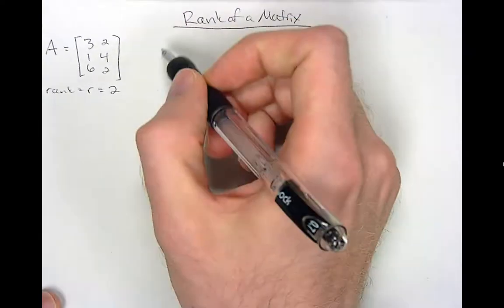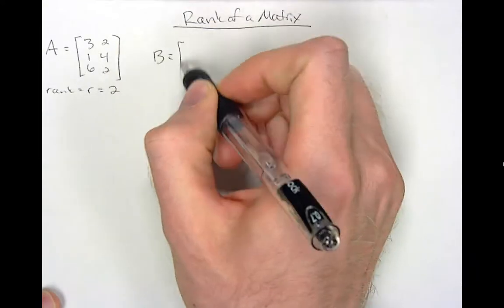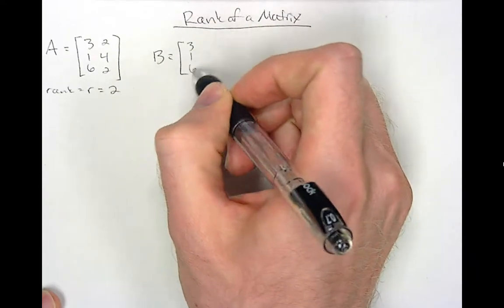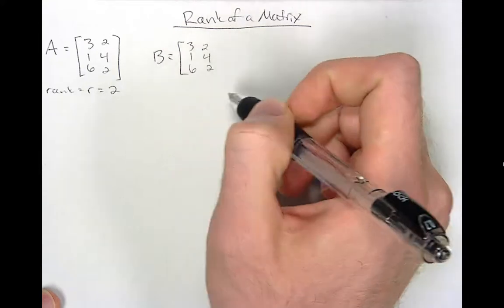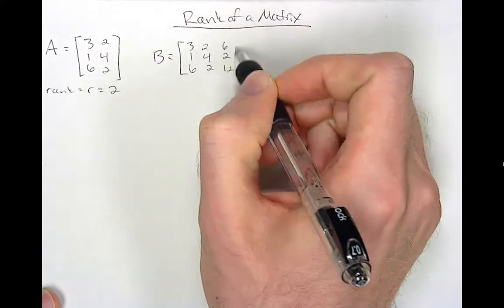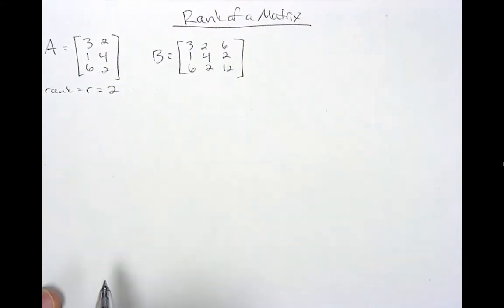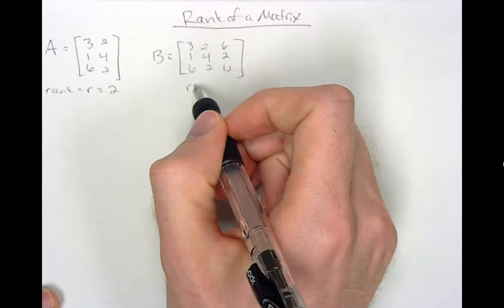So I'll demonstrate that with matrix B here. So let's have the same values, 3, 1, 6, 2, 4, 2 going down, but let's add another column, 6, 2, and 12. Okay, what is the rank?